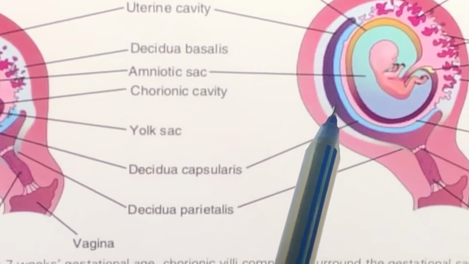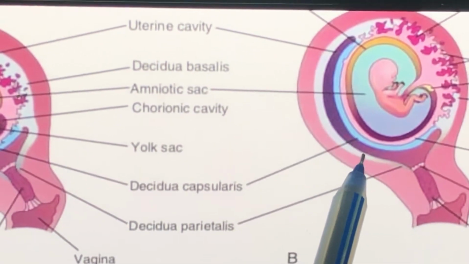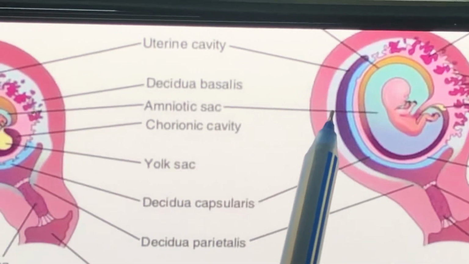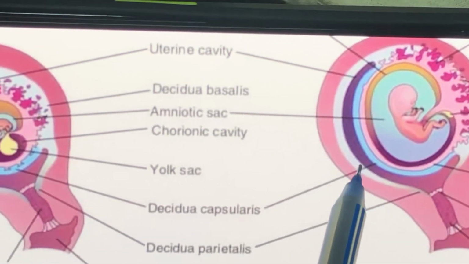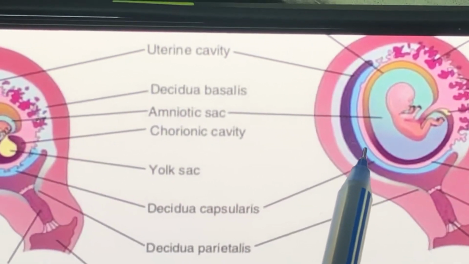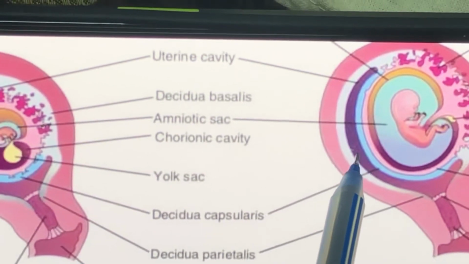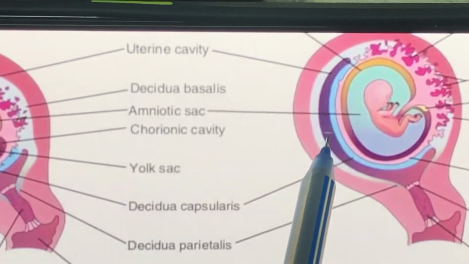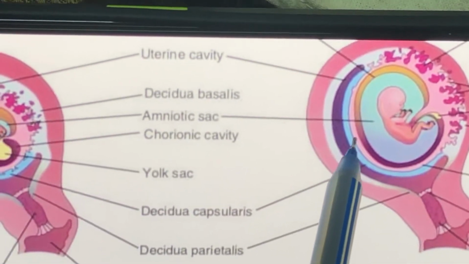So this is the uterine cavity, this purple color. This is called uterine cavity unless this chorionic membrane, blue color, is attached over here, obliterating the gap of this uterine cavity.